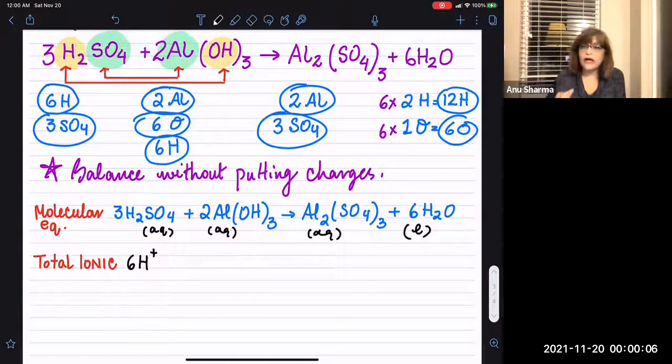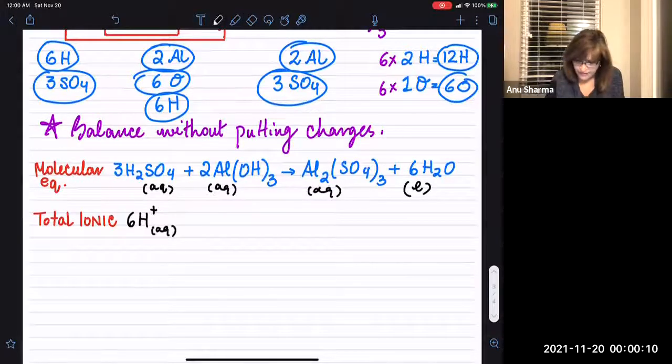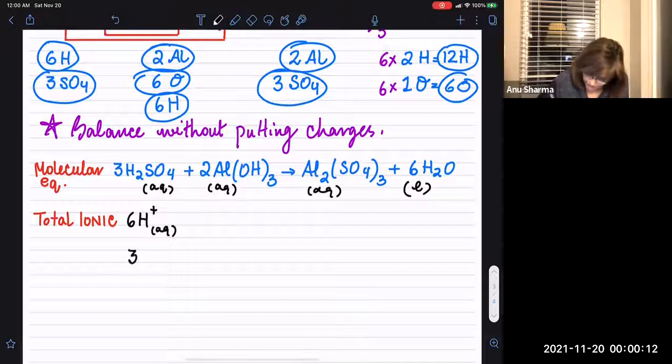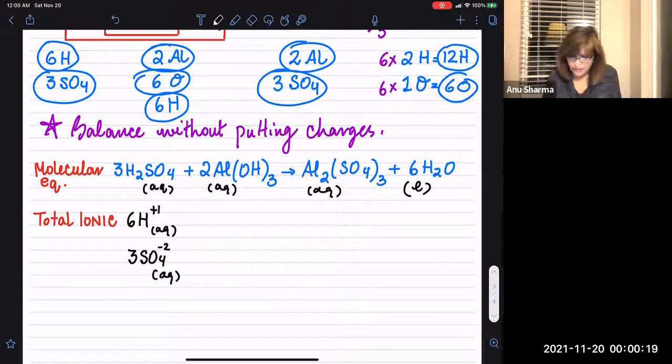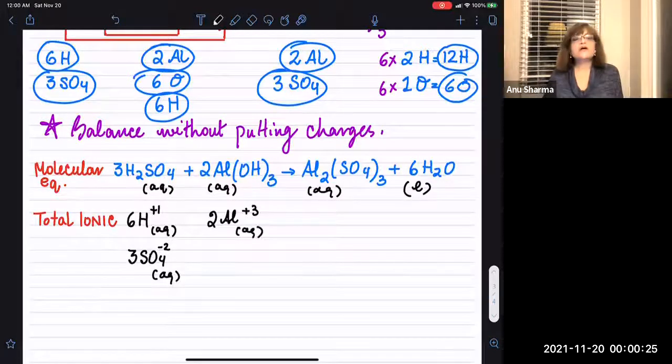Water is liquid. Do not ionize water. So hydrogen ions are aqueous, 6 of them. 3 sulfate ions, aqueous, put the charge, -2, this is -1. There are 2 aluminums, charges +3, aqueous. Okay, so aluminum is in group 3A, so +3 charge. And moreover, crisscross, you see it is combining with 3 hydroxide ions, so it's +3 charge.